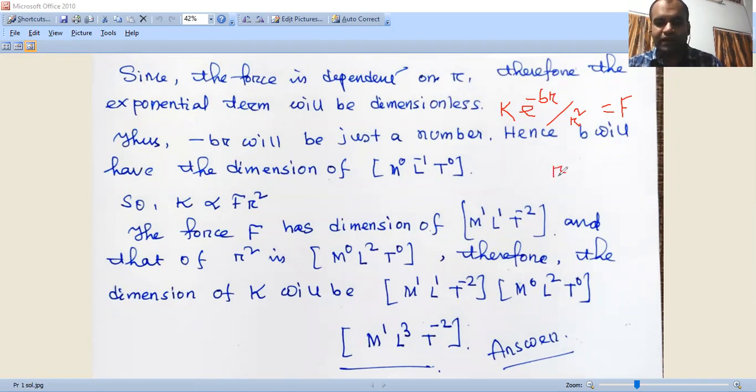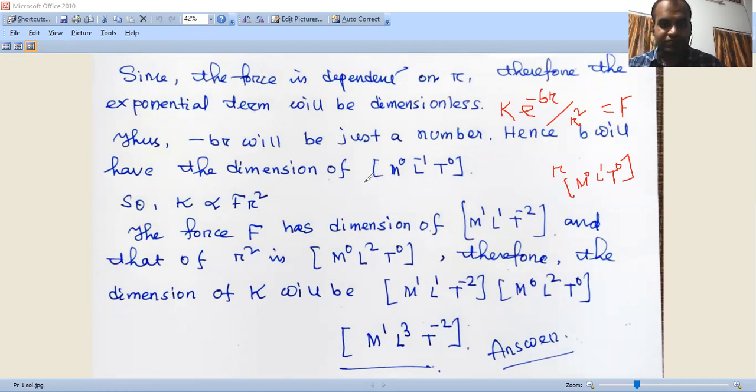R is the distance, so distance has a dimension of M0 L1 T0. That is the dimension of the distance, small r. If B has to have a dimension inverse to that of distance r, what would be the dimension of B?